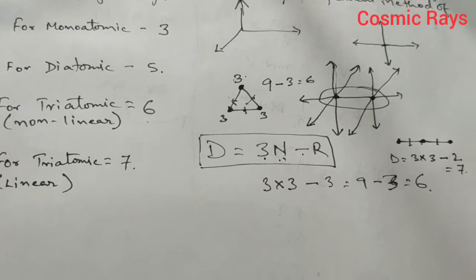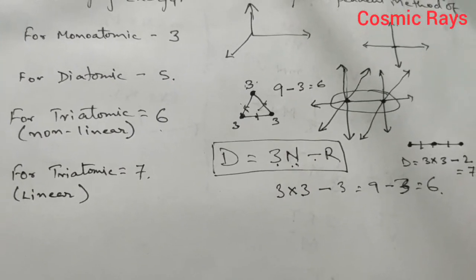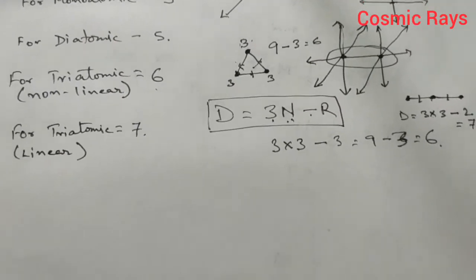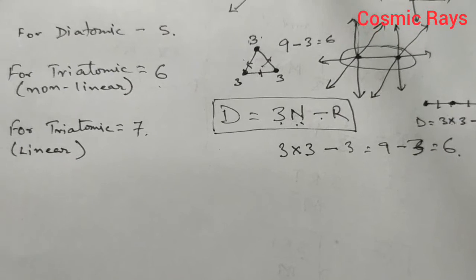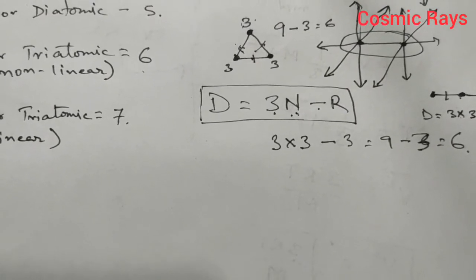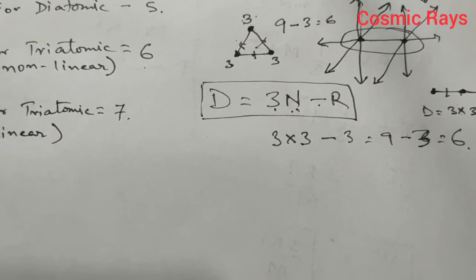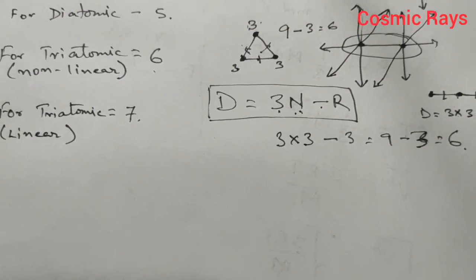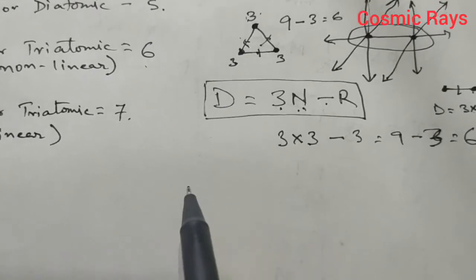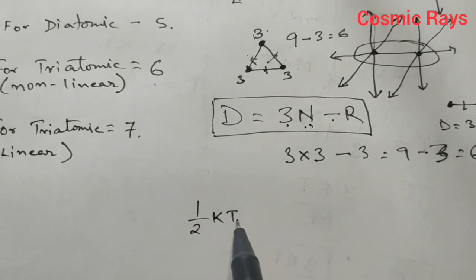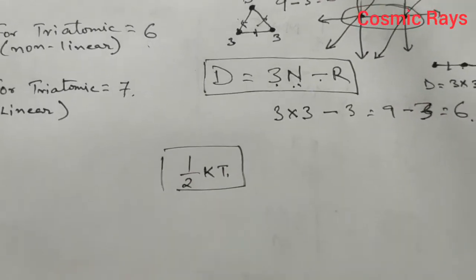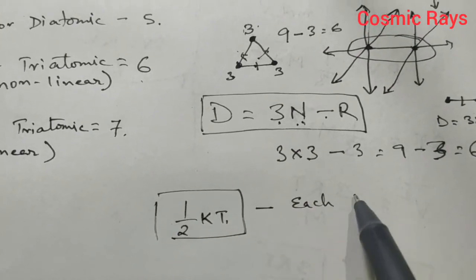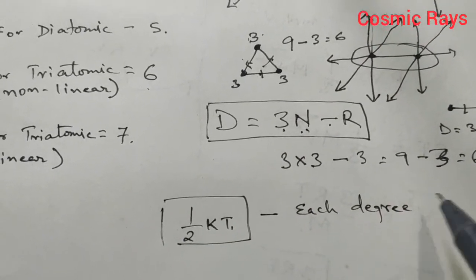So now we will see how much energy is given for each degree of freedom. That comes from the law of equipartition of energy, which states that the average kinetic energy per particle associated with each degree of freedom is half kT. This is the energy that is given for each degree of freedom.